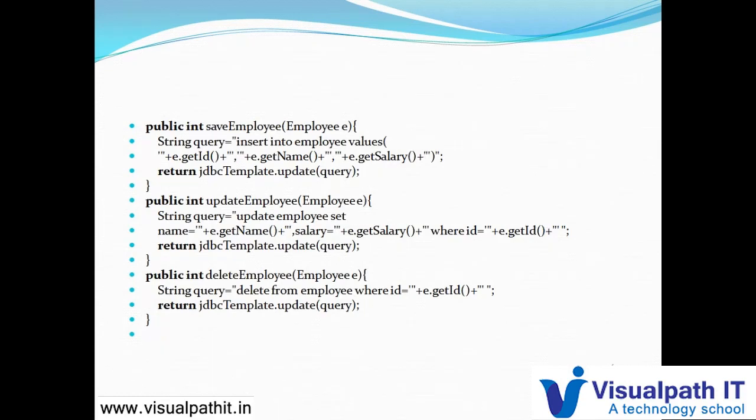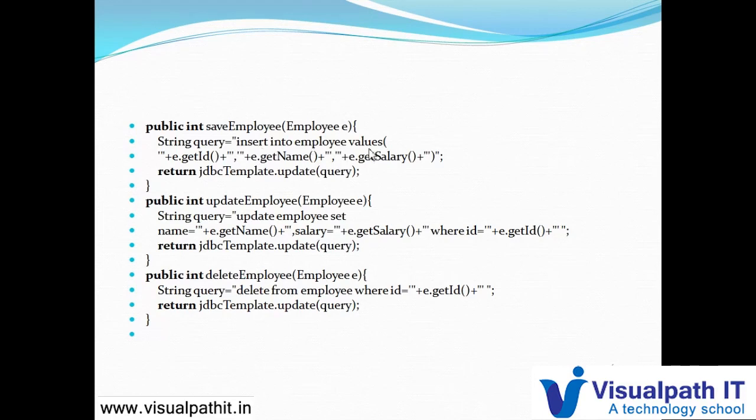Also, we can perform updates or other operations on this employee, like saving the employee, updating the employee data, and deleting the employee record. So what are we using? The normal select query itself, and the insert query here.